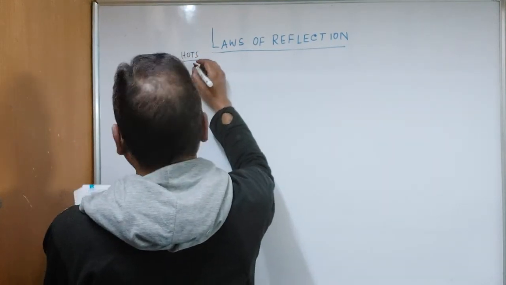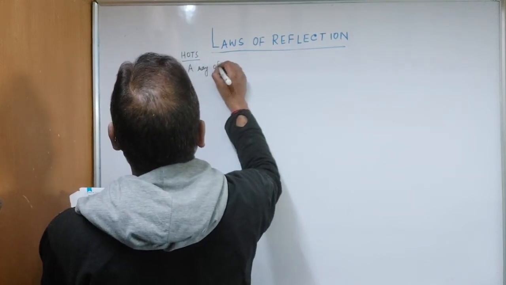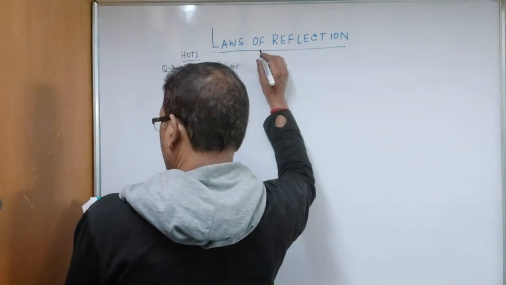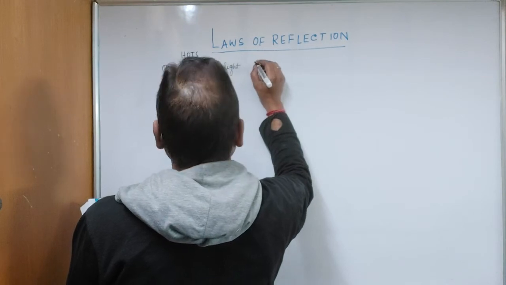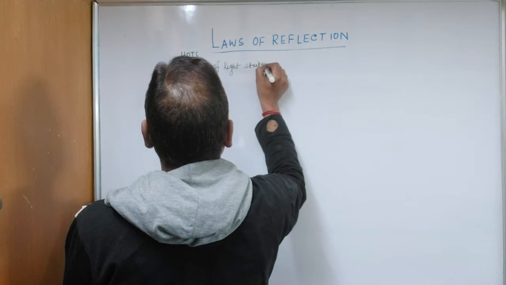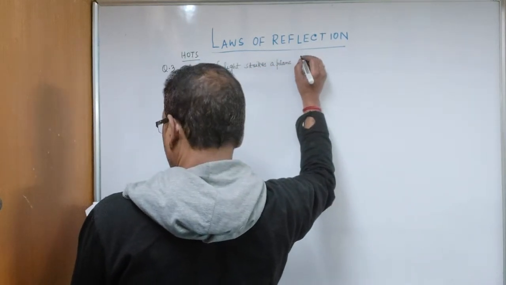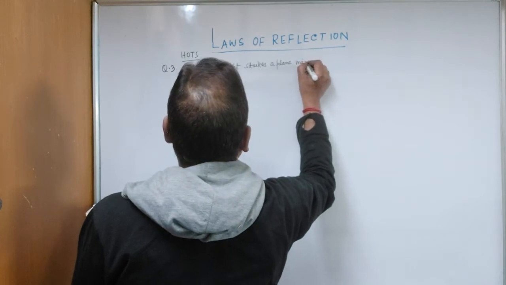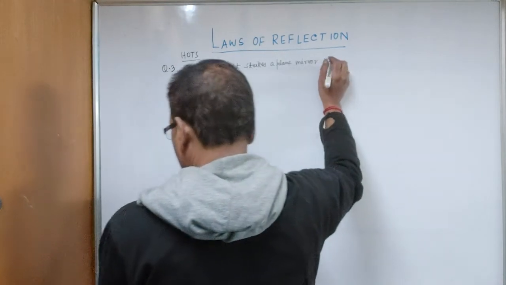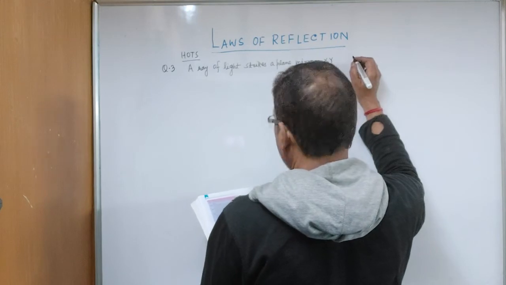A ray of light strikes a plane mirror XY at an angle of incidence of 65 degree.